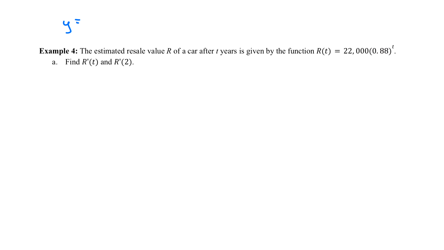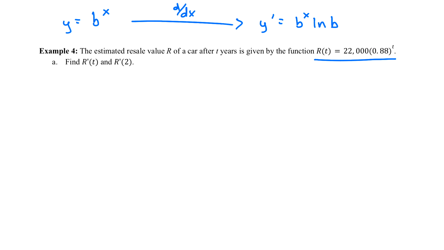From our last video, if we had y equals b to the x power, the derivative of that function is y prime equals b to the x power times the natural log of my base, which is b. So when I go to find the derivative of R of t, I want to find R prime of t.